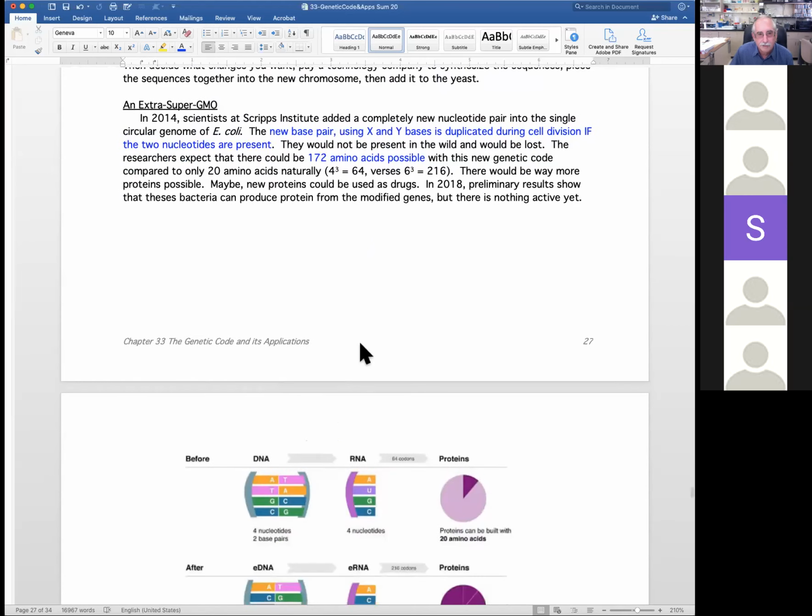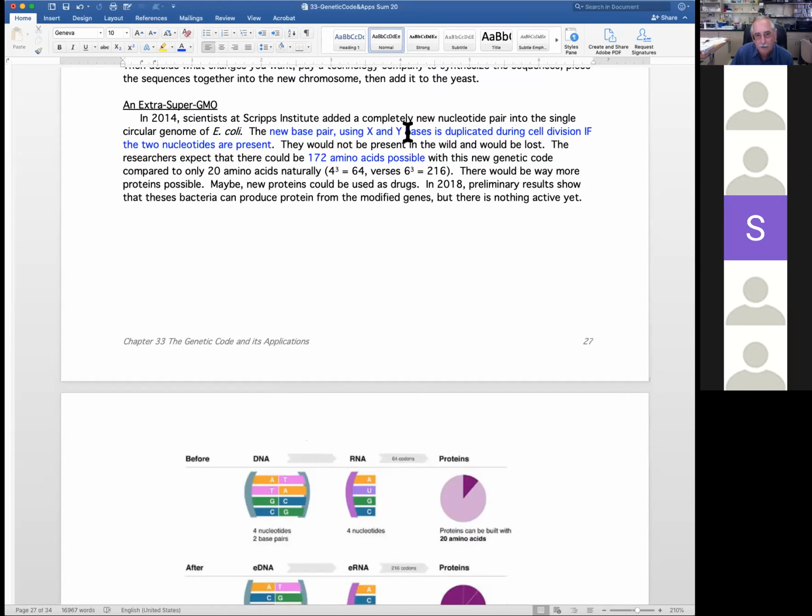And here's an extra supercalifragilistic super GMO bacteria, E. coli. What they did is they invented a new base pair. So not GCAT, but XY. They invented this.